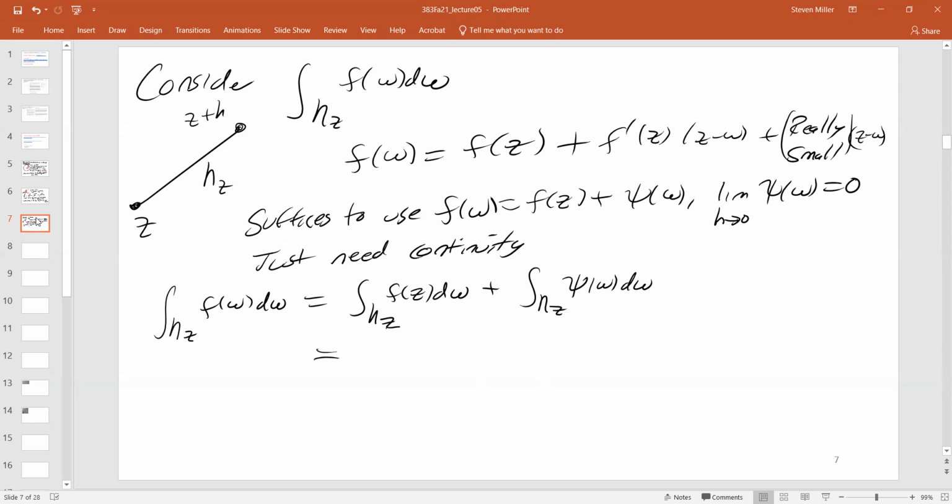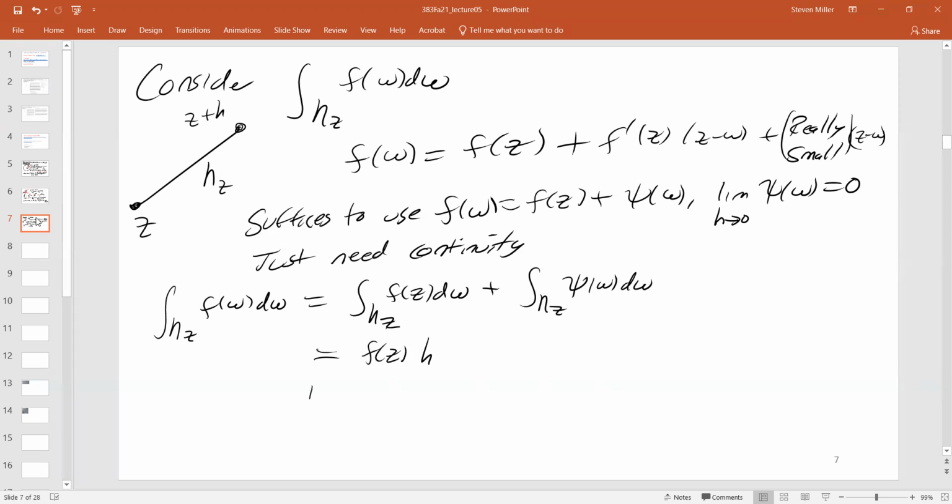What's the integral of the constant f of z over the curve eta of z? Is it 0? Because primitive. It's only 0. What does it have to be to integrate to 0? What kind of curve? It has to be a closed curve. This is not a closed curve. It's just f of z times h.